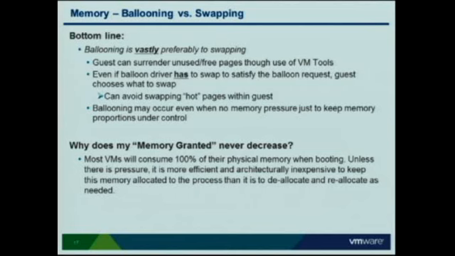And unless there's pressure, it is more efficient and architecturally inexpensive to keep that memory allocated to the process than it is to deallocate and reallocate that memory on demand. So what we're doing here is we're giving that VM as much memory as it needs on startup, and unless we have pressure, unless we have contention for memory, we're not going to request it back because it's actually a performance benefit to you to have that VM with allocated memory already.